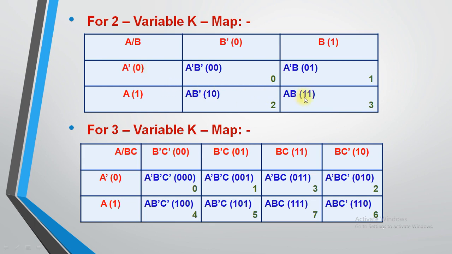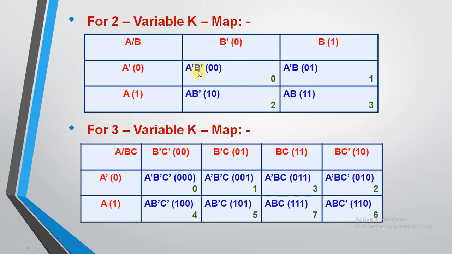Now consider this particular row. Both cells contain variable A, which is represented by 1. Now to represent the columns, focus on the column.